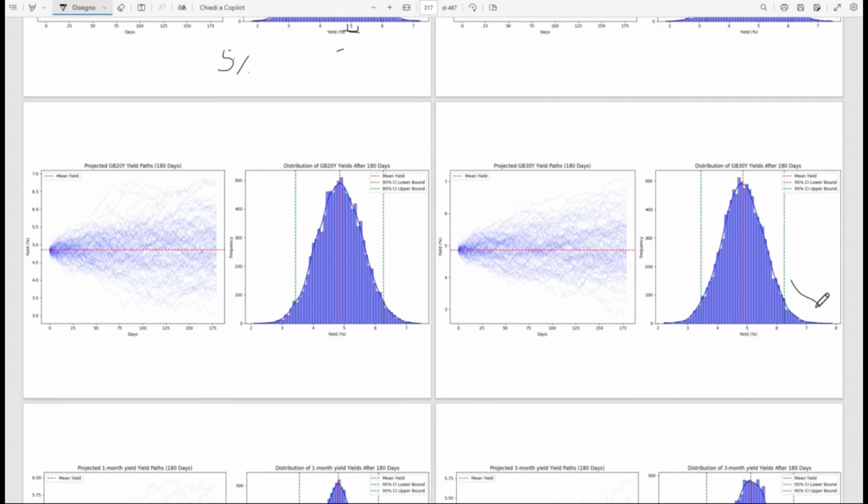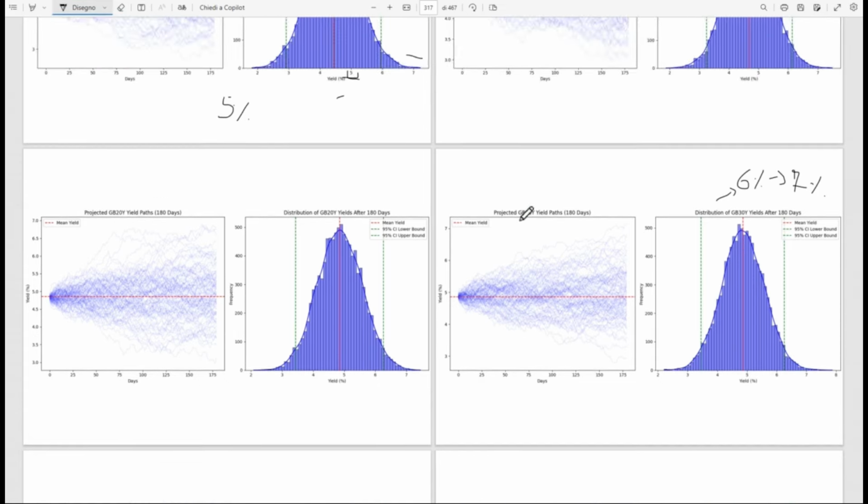So here we have a 5% probability that the 10-year gilt yield in the next 180 days will go to 6%, but it will go even to 7%. So you are talking about full-scale crisis. So that's what I'm warning. That is my warning, and I don't want this to materialize, because I'm not going to gain anything from that.